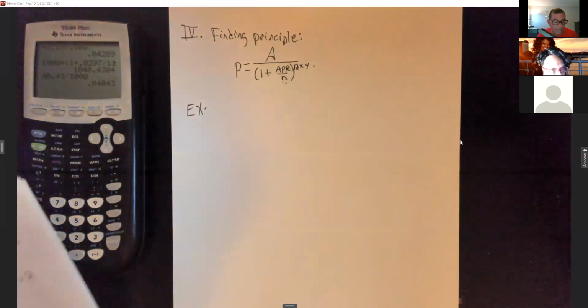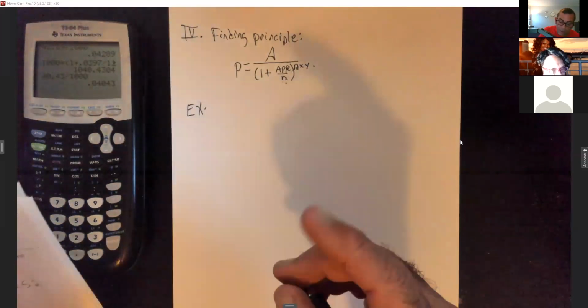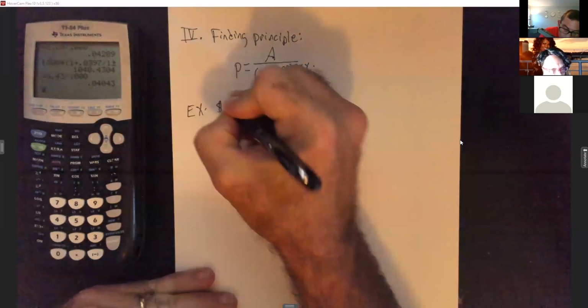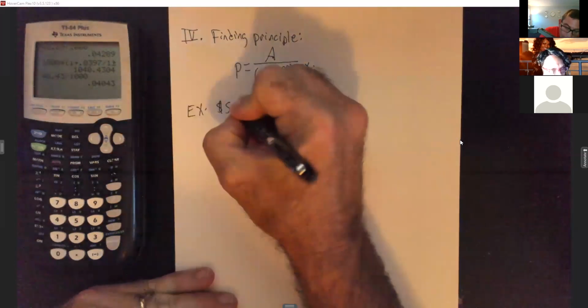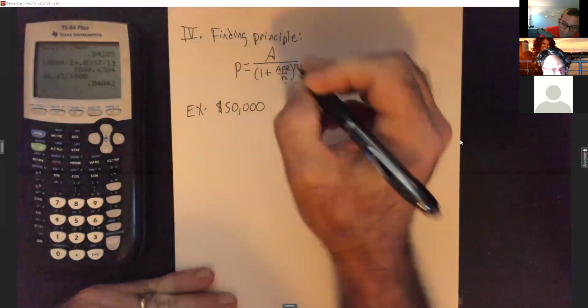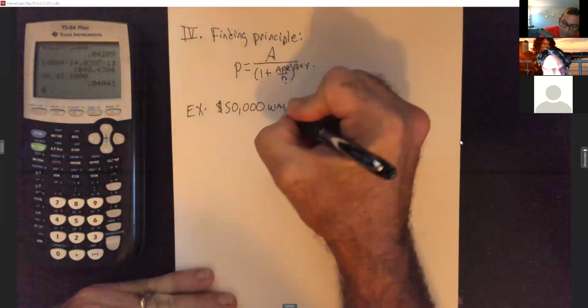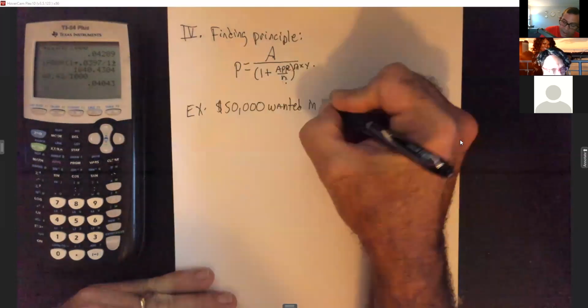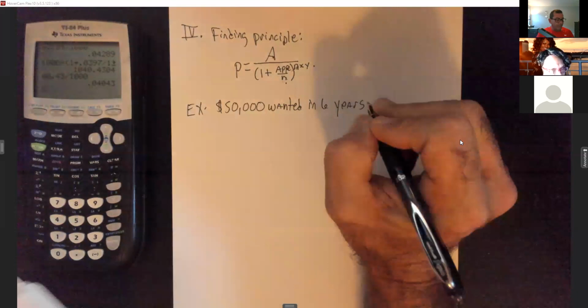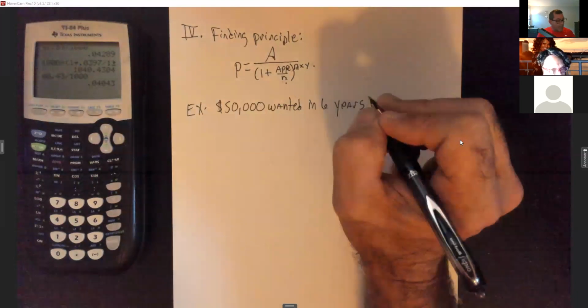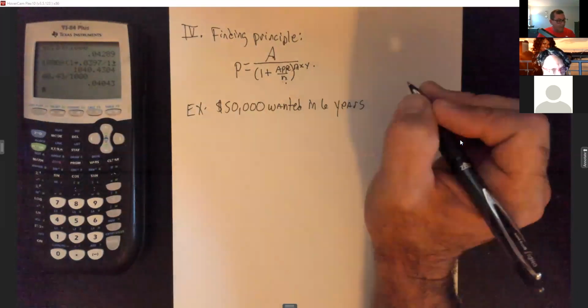I'm going to have $50,000 in 6 years. So I want $50,000 in 6 years for a down payment on a house.